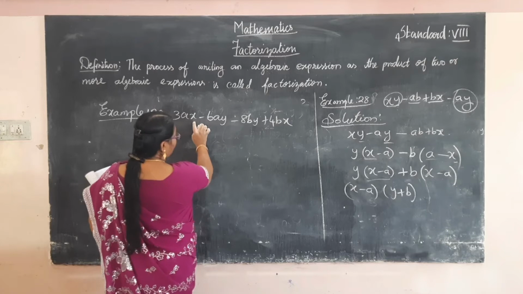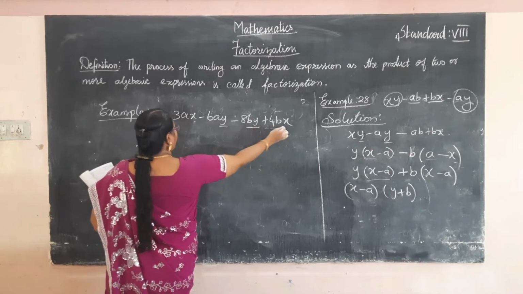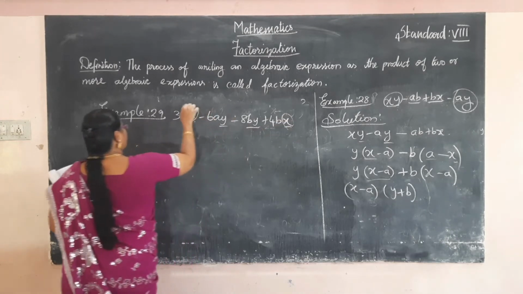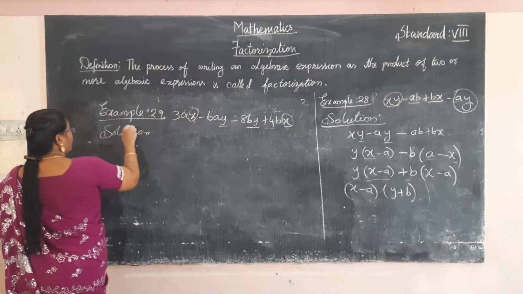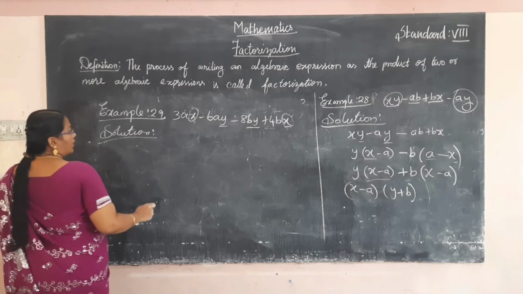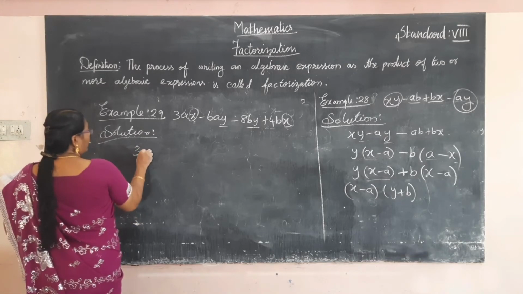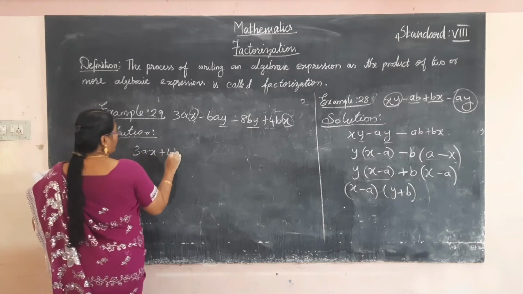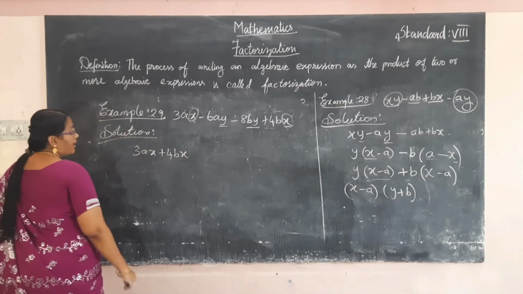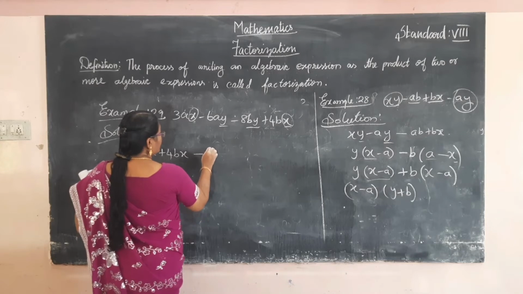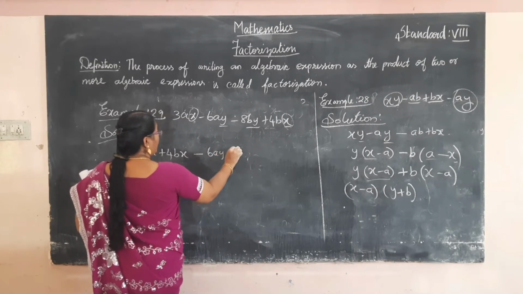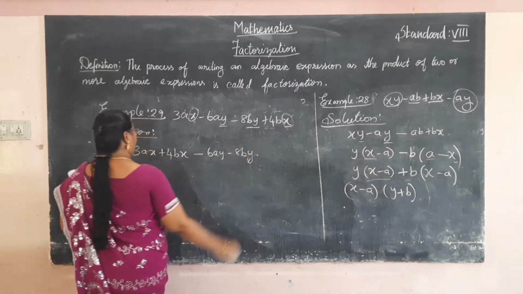Here x value, here also yes, here y values. So compare the x values and y values from the given expression. First 3ax + 4bx, and here −6ay − 8by.